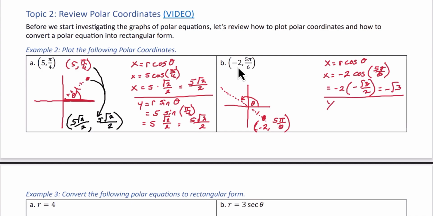Y is r sine theta. -2 sine of 5 pi 6. That is -2 times 1/2, which will give us -1. That means the exact same point in rectangular form would be negative square root of 3, comma, -1.